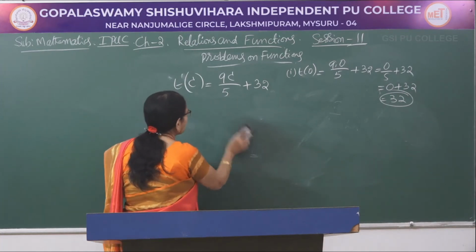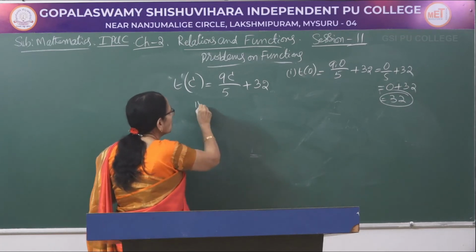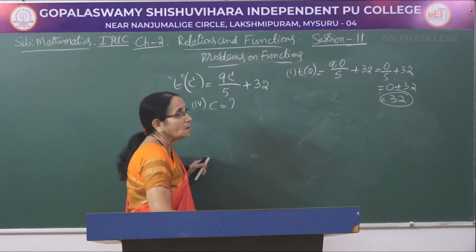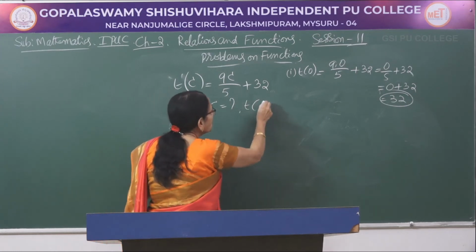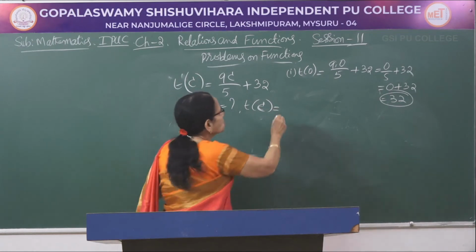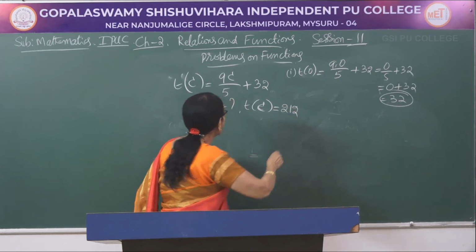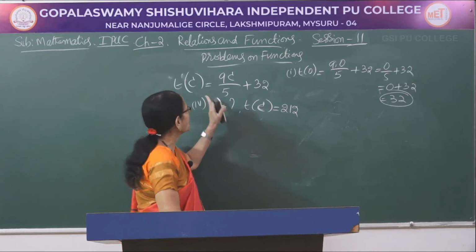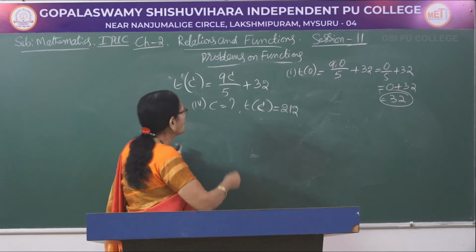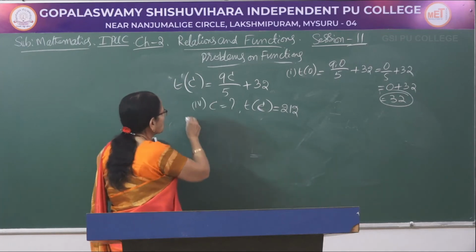Now, the last one is different here. What you have to do? You have to calculate C here. C has to be calculated, given T of C is equal to 212. The left hand side is known, the right hand side has to be calculated. But the same formula holds good.